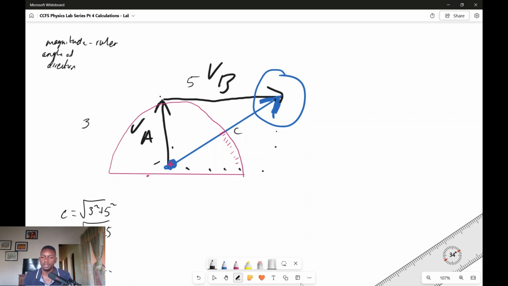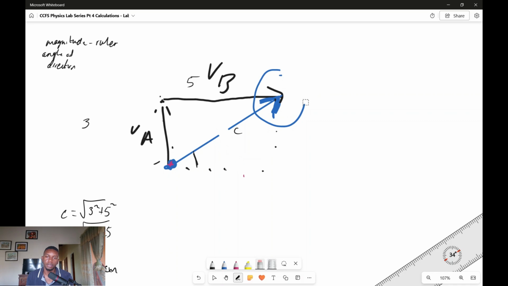Let me see. If we take the square root of 34, it is 5.8. So you should be getting around 5.8 centimeters for the length. And for your angle theta, if I'm making that our angle, then I need to redraw my triangle a bit.